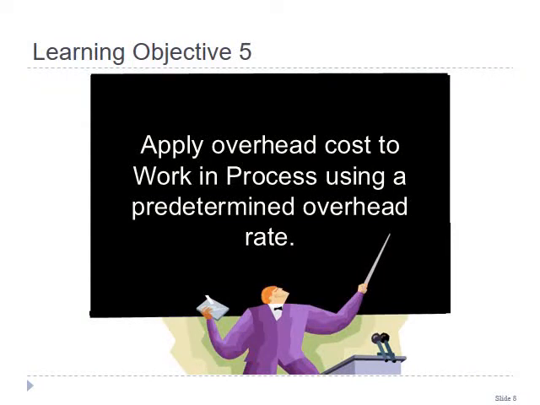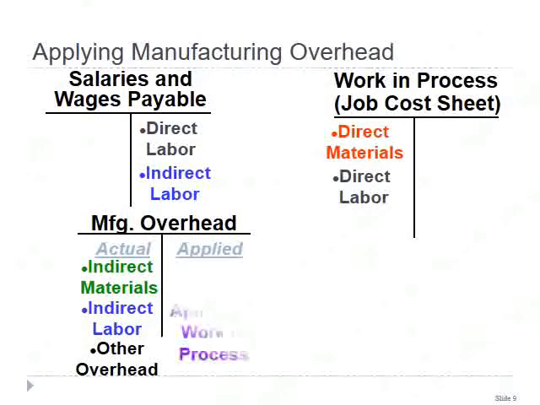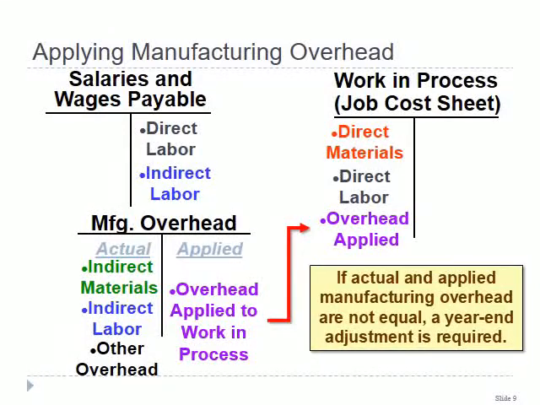Okay, now moving towards our learning objective 5, which is to apply overhead cost to work in process using a predetermined overhead rate. Let's explore this. The manufacturing overhead account is a clearing account, which means the actual amount of overhead incurred during the period on the debit side of the account will almost certainly not equal the amount applied to work in process on the credit side here.